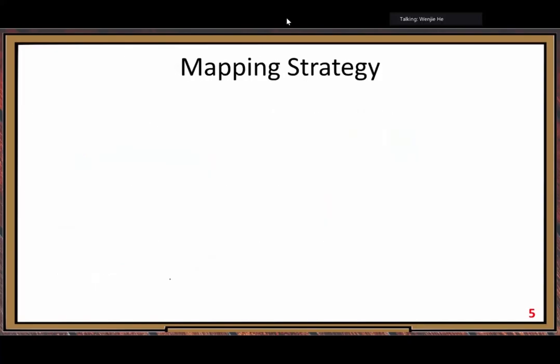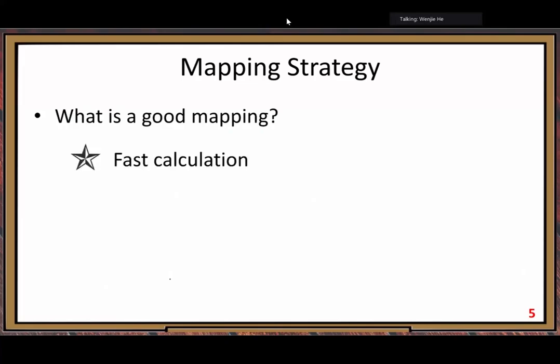Mapping strategy. What is a good mapping strategy here? Fast calculation. Because when you do the mapping, typically you do some calculation, right? So you apply certain special functions and do some calculations. So you need to make sure the calculation is very fast. You don't want to waste time on the mapping part.